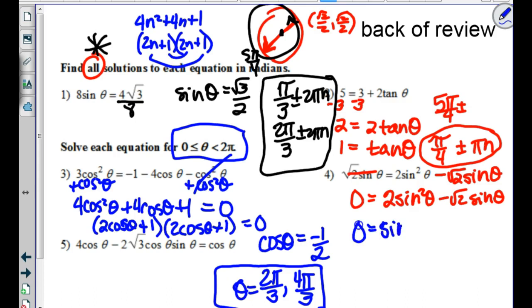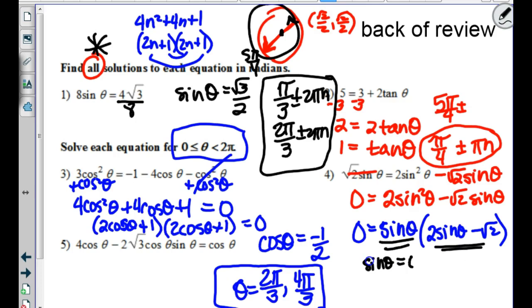So I'm going to factor out a sine, Christian says, and that would leave 2 sine theta minus square root of 2. So one of these has to equal 0. Sine theta equals 0, or 2 sine minus square root of 2 equals 0, which if I isolate the sine, we'll say square root of 2 over 2.